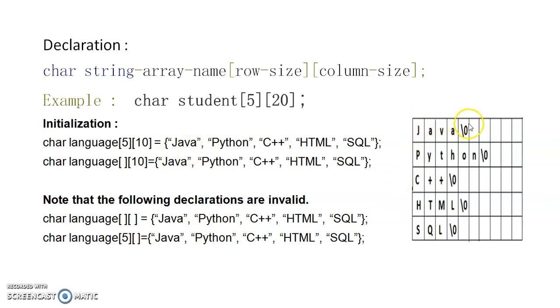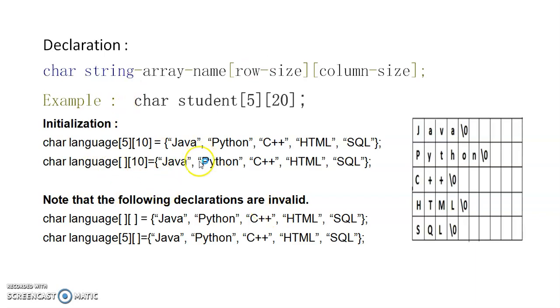So how are they stored? As it is a two-dimensional character array, it contains both rows and columns. So we can see how that string is represented, and the same string is also represented in the second way, where the row size is not mentioned. It is also allowed in C language. Row size in case of two-dimensional string is an optional one.